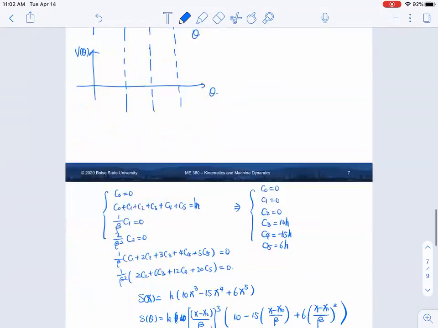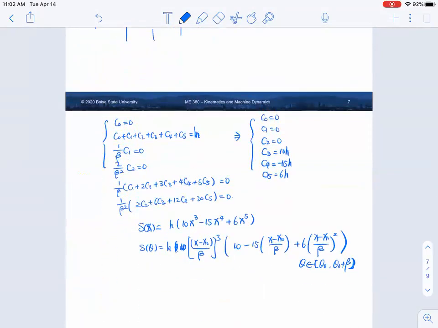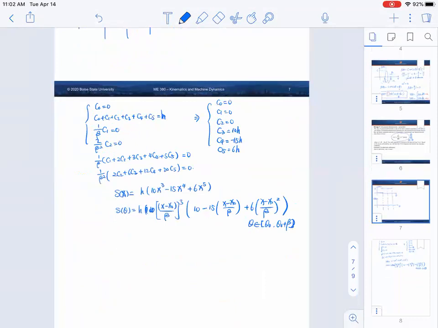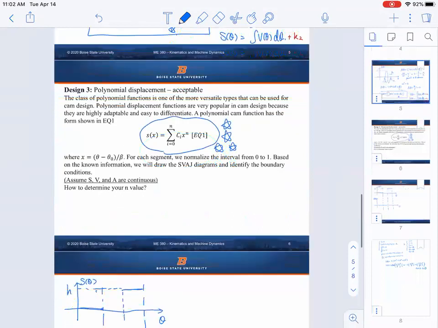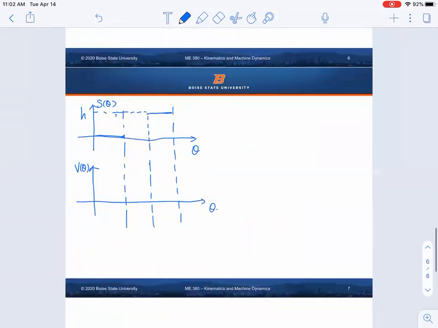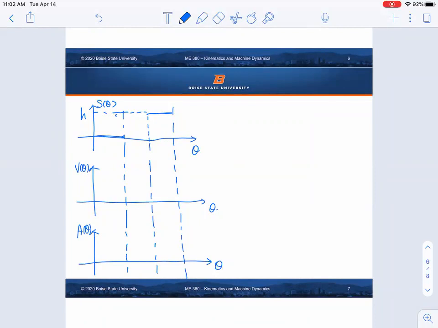Let me clear that page. All right, so that's your S, V, A, and J. In this lecture, we're not going to talk about J, but in your future designs, you might have to deal with J if the customers ask for certain J requirements.